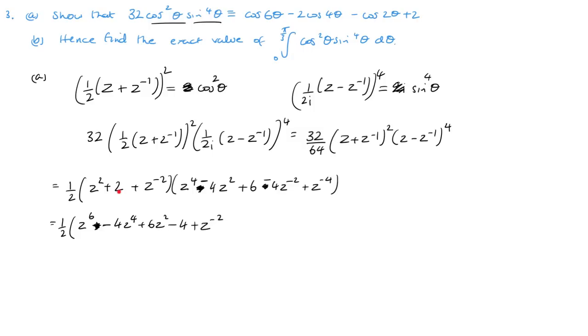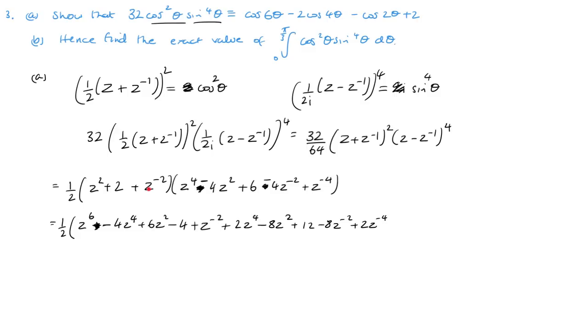Now I'm going to do 2 times everything there, so that's plus 2z to the 4 minus 8z squared plus 12 minus 8z to the minus 2 plus 2z to the minus 4.